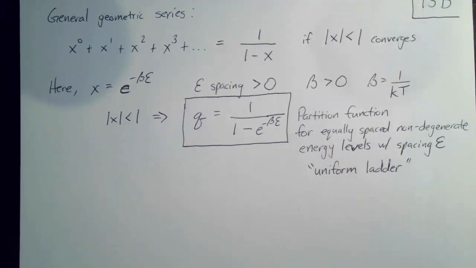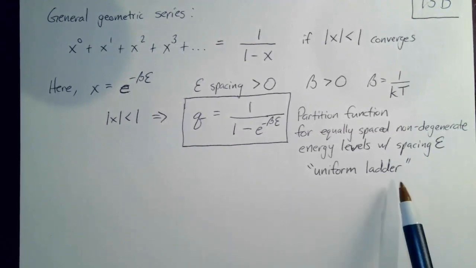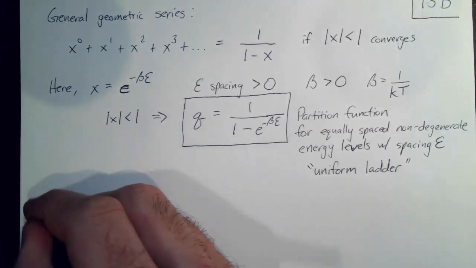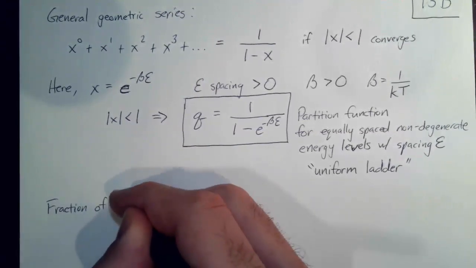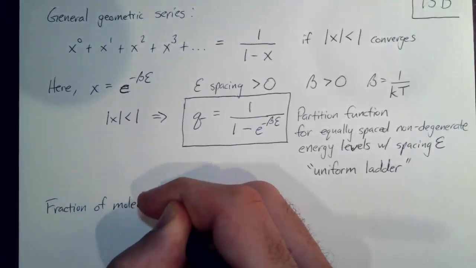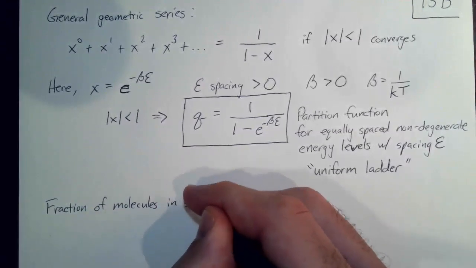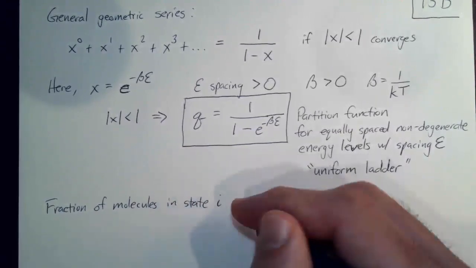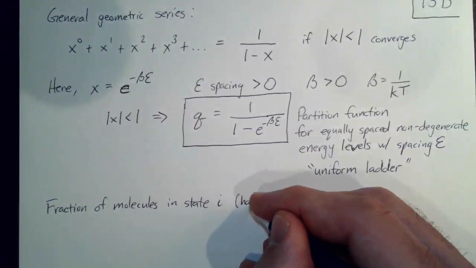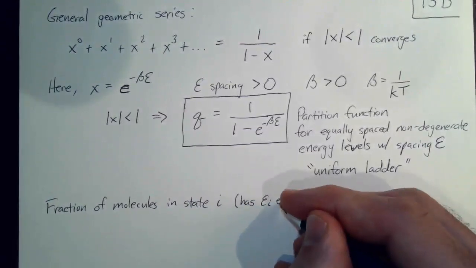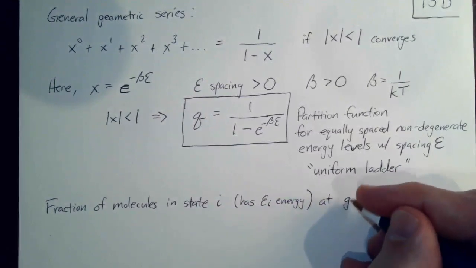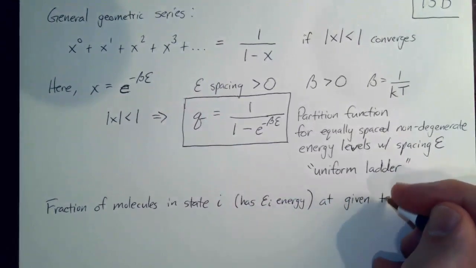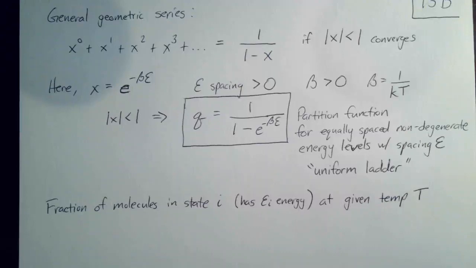Okay, so let's use this partition function. Continuing with the equally spaced, the uniform ladder, what is the fraction of molecules in state i, where state i has energy epsilon i, at a given temperature T?